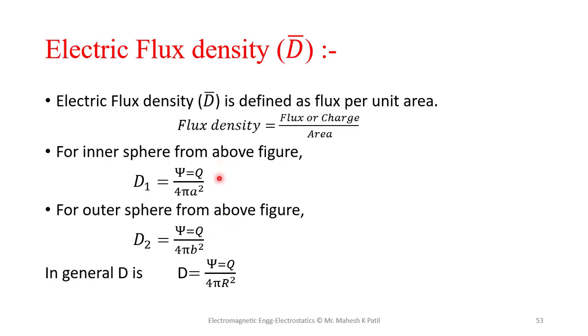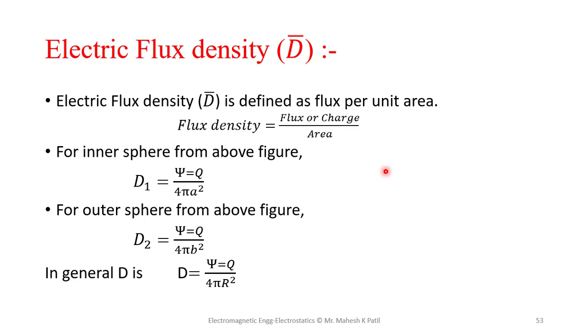Now why is it required to define it like this? Consider a point from the charge q1 at a distance r1. What is the flux given for that r1? It is q1. Suppose the distance is r2 for the same charge q1. What will the flux given be? Again it is q1. So we cannot differentiate what the flux given from that charge is.